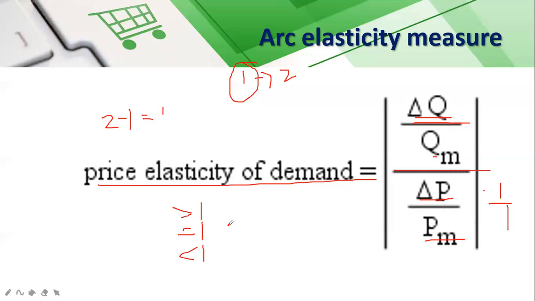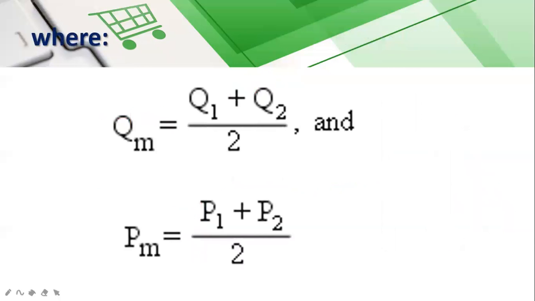When we get the quantity and the price, we can use it like this: the midpoint quantity is Q1 plus Q2 divided by 2, and the midpoint price equals P1 plus P2 over 2.